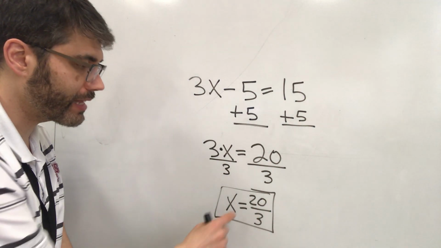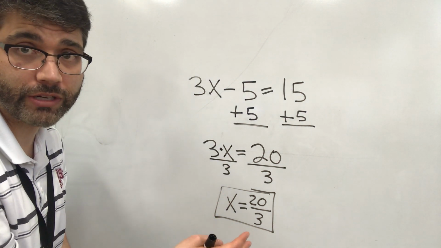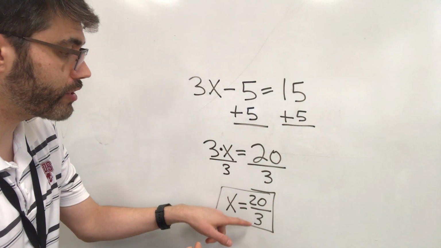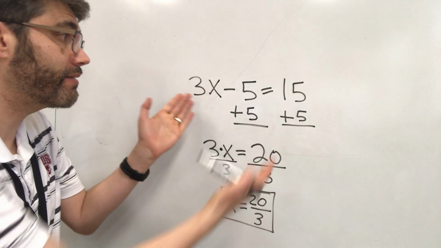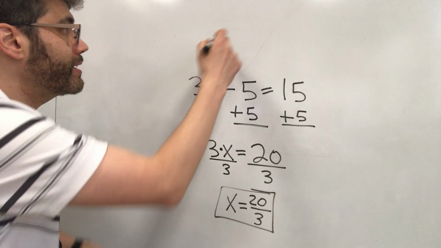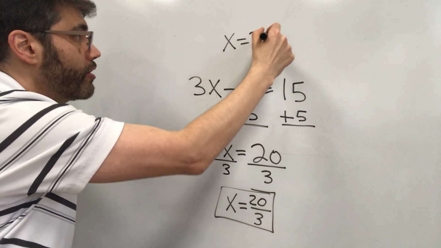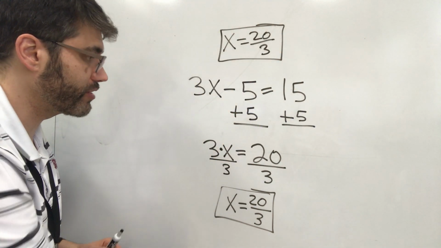We are claiming that 20 over 3 is indeed the true value of x in this particular equation. So let's plug 20 over 3 back in for x and see if an identity results, okay? So we're claiming that x equals 20 over 3. We're claiming that 20 over 3 is the solution.